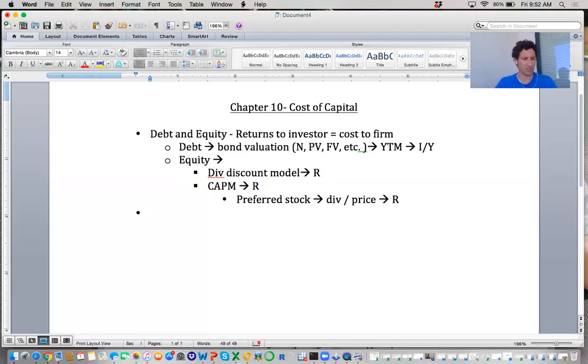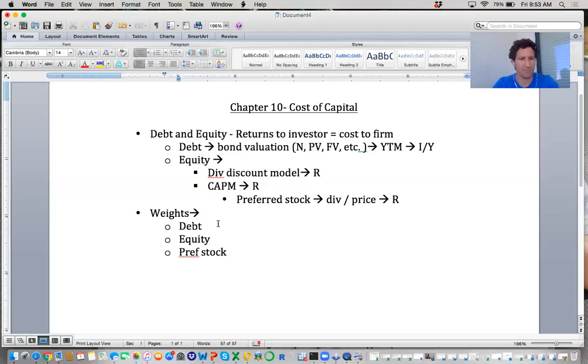That's the actual cost side. But we also need to know the weighted average cost of capital. So we're going to adjust the weightings for each of these. So we need the weight of debt, the weight of equity, and the weight of preferred stock.